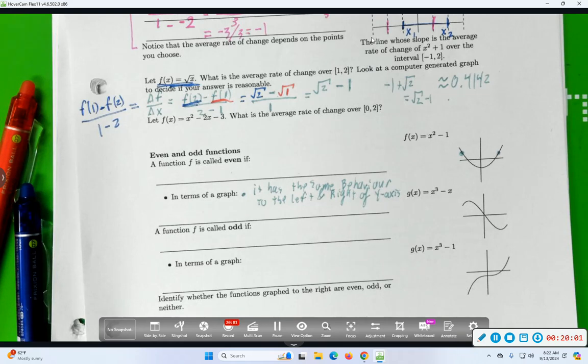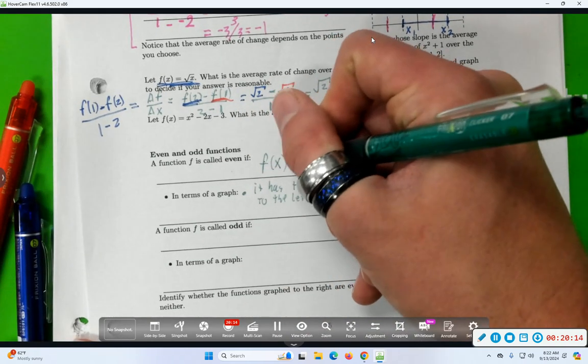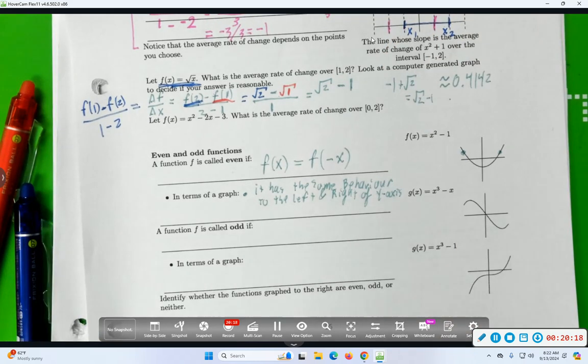They're opposites of each other. So an even function is a function that doesn't care if you replace the input by the opposite of the input. So a function is called even if f of x is the exact same thing as f of negative x.